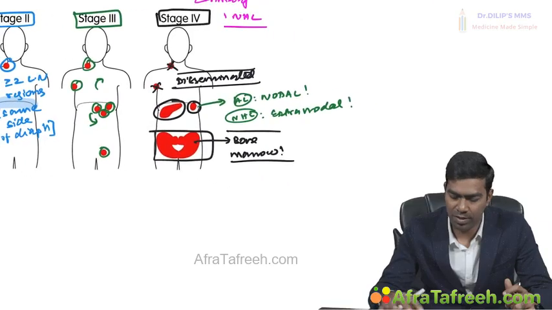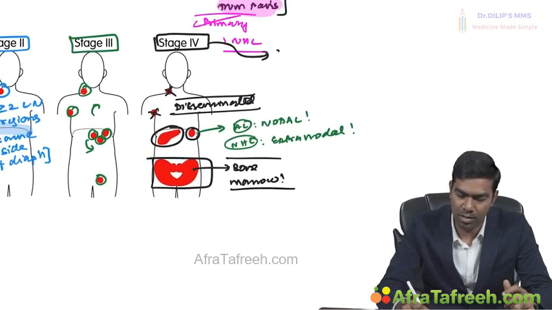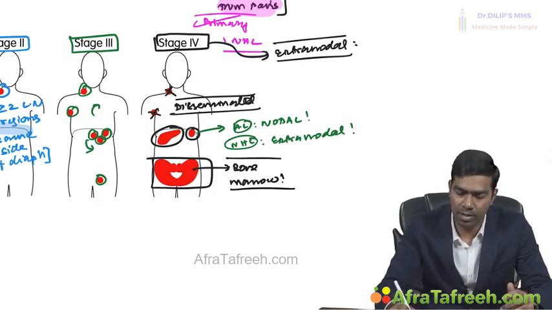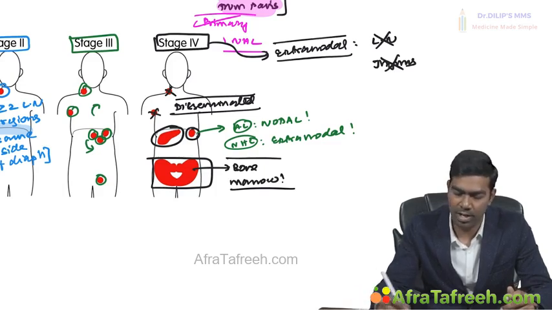And if they ask you what is the definition of extranodal site, because stage 4 means you are going to involve extranodal and extralymphatic organs. So what do you mean by extranodal? Extranodal means it doesn't involve lymph nodes, or any other structure apart from thymus and pharyngeal Waldeyer's ring, the lymphatic ring in the pharynx.